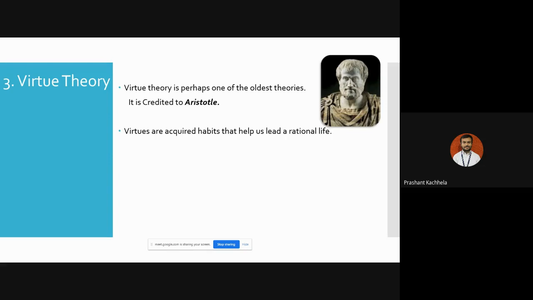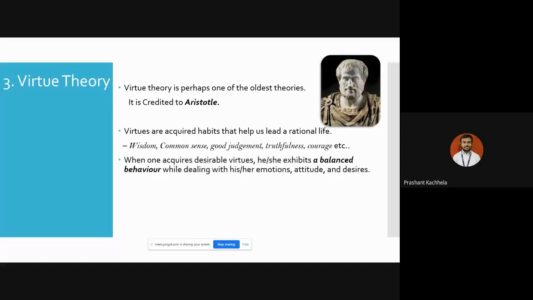If we take a few examples regarding virtue, these are the examples: wisdom, common sense, good judgment, truthfulness, courage. These are categorized as virtue. So this theory is saying that one should act according to the acquired habits. It is talking mainly about good habits only, not about all habits.